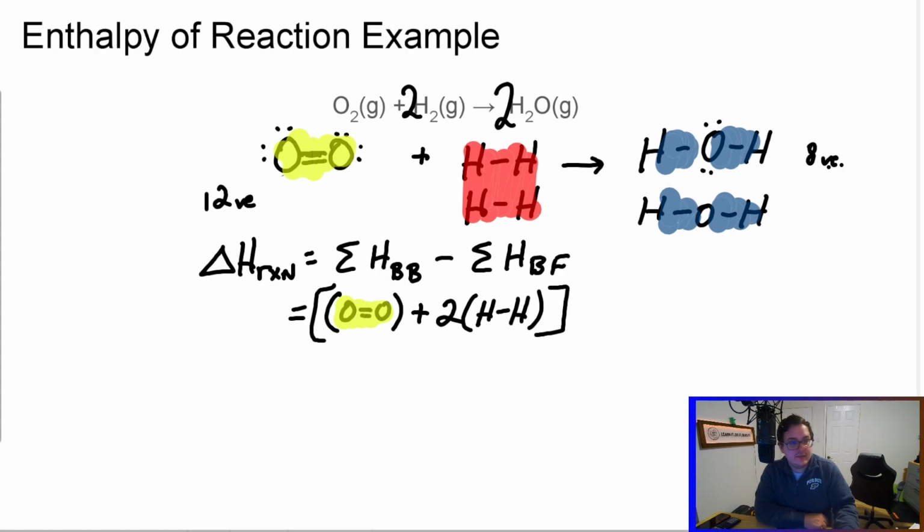Let's color code that, make sure we're all in the same boat. We're going to make that red. Hope the color code is helping. Minus the sum of the bonds formed. Well, that's going to be 4 hydrogen-oxygen single bonds.